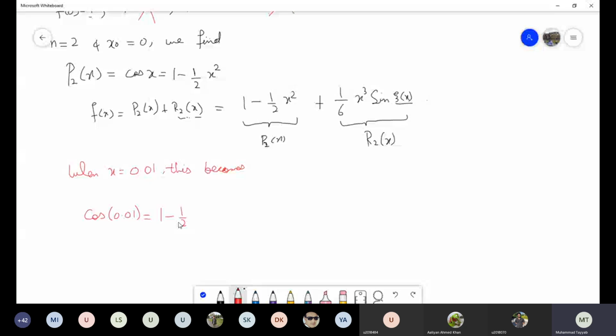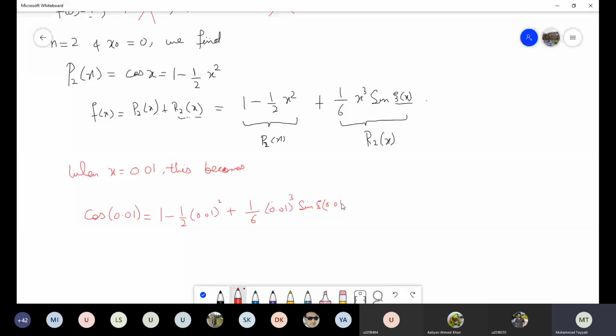At the place of x, I will write back 0.01 squared plus 1 by 6 x, which is 0.01 cube, sine xi, and the xi of x, and x is 0.01.